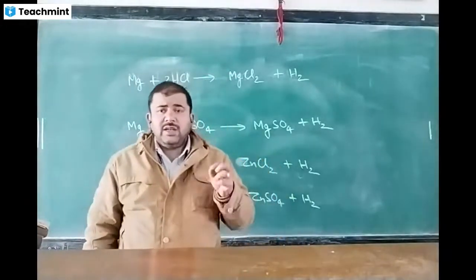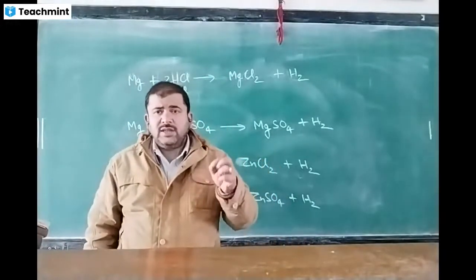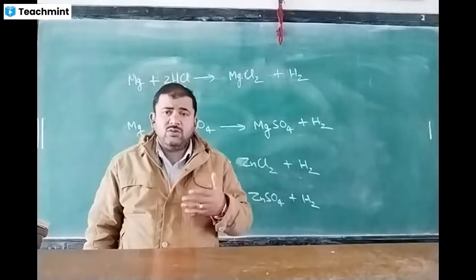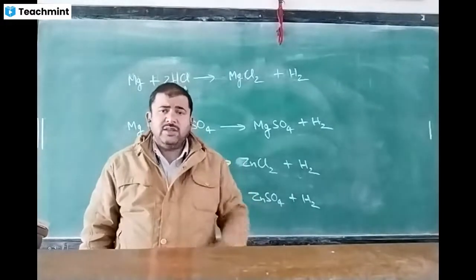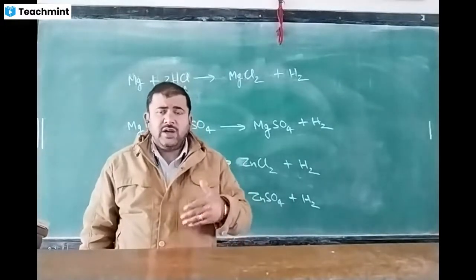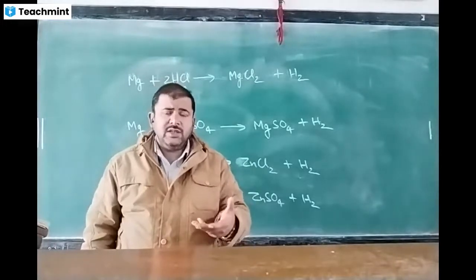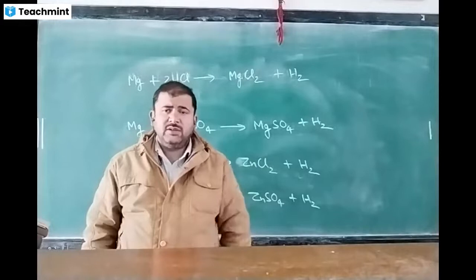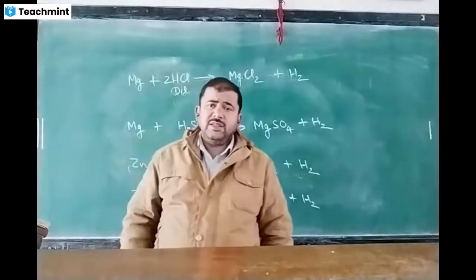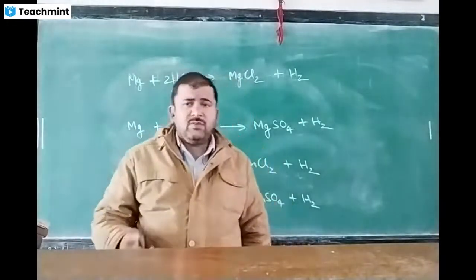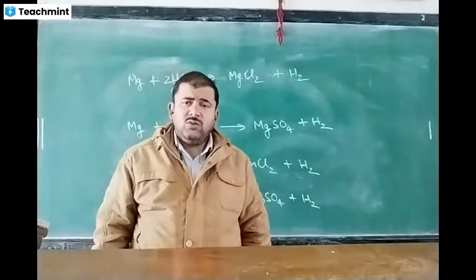Nitric acid is a good oxidizing agent, and it oxidizes the hydrogen to water. So nitric acid easily oxidizes hydrogen into water. This is the reason that instead of hydrogen we will get water, so we will ignore nitric acid.